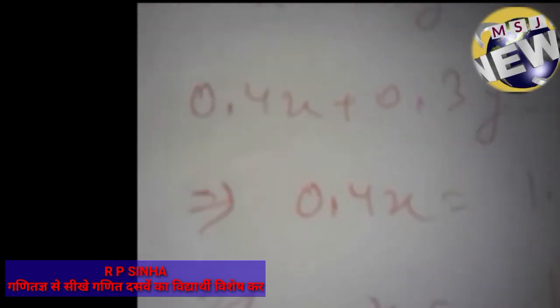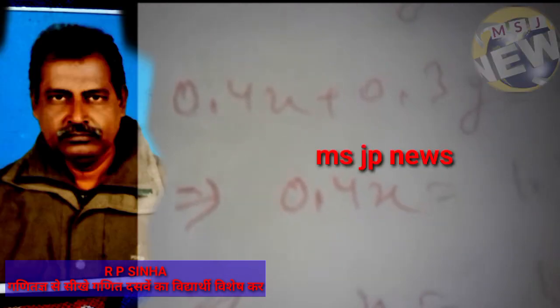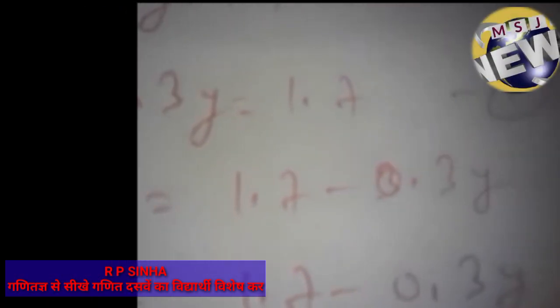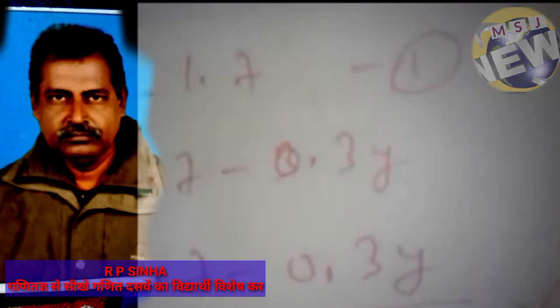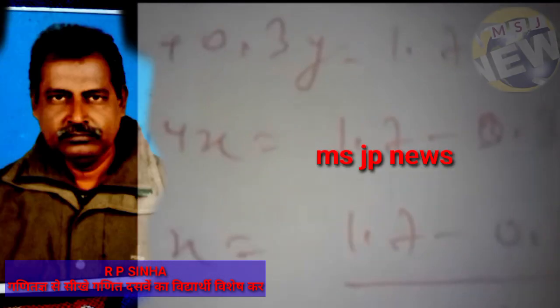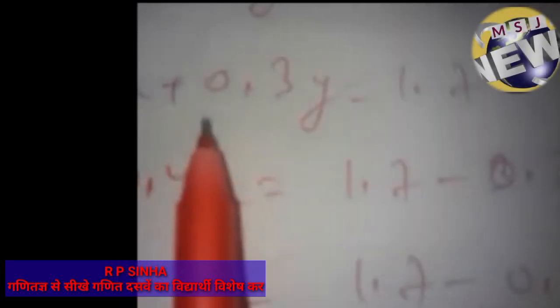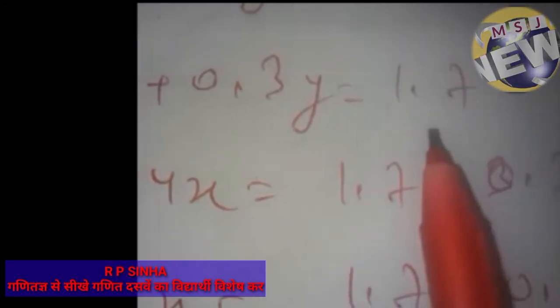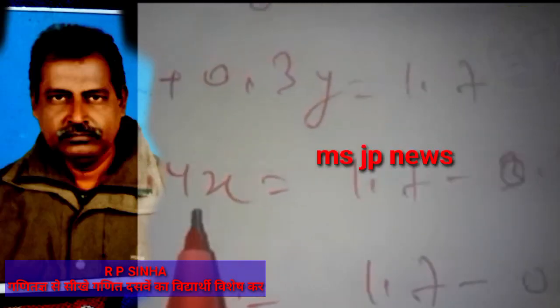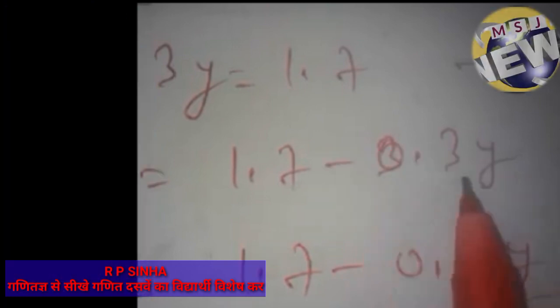So we have taken the first equation, equation number 1, 0.4x plus 0.3y is equal to 1.7. Now we take this 0.3y to the RHS, and it becomes minus 0.3y. So 0.4x is equal to 1.7 minus 0.3y.